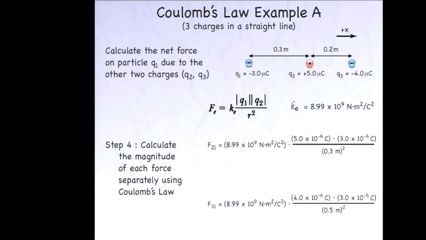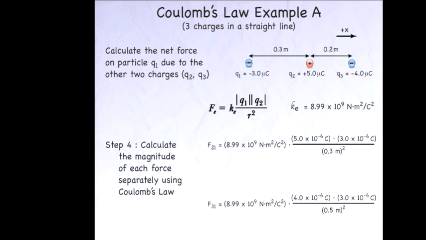So we have Q1 being this guy, the first one that's doing the action. So that's 4 times 10 to the minus 6. And here we have 3 times 10 to the minus 6, over here, 3 microcoulombs. You notice that right now I have ignored the sign, because I'm taking the absolute values.